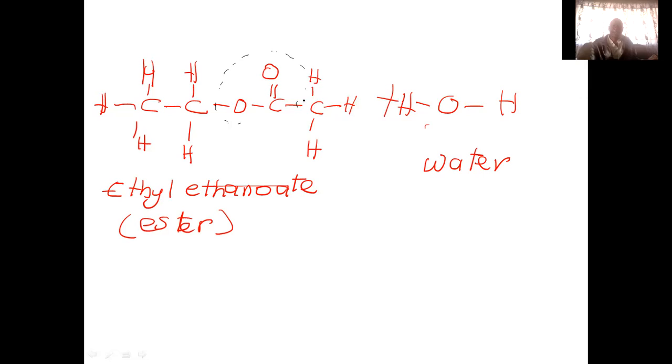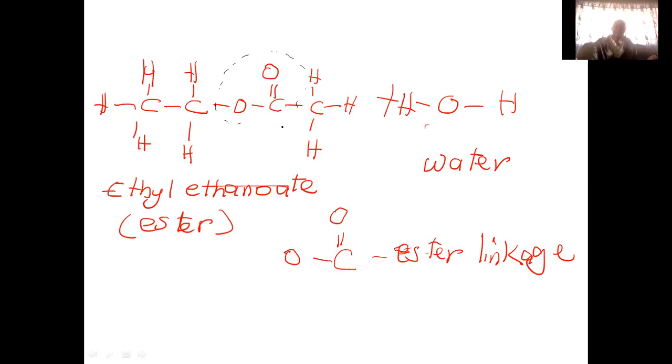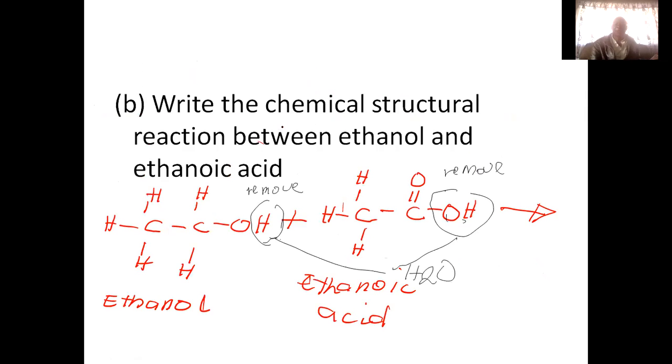So this is the ester linkage here. So the ester linkage is wherever you find a compound which is like that. This is an ester linkage. And you note that in this compound, we have this linkage, which is here, which has been formed. And therefore, that's why I said ethyl ethanoate is an ester. I hope this has been fully explained.